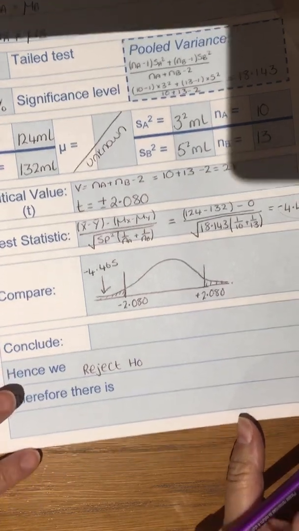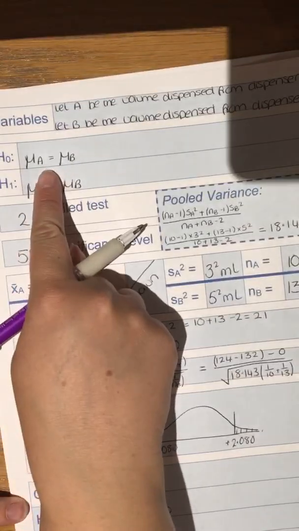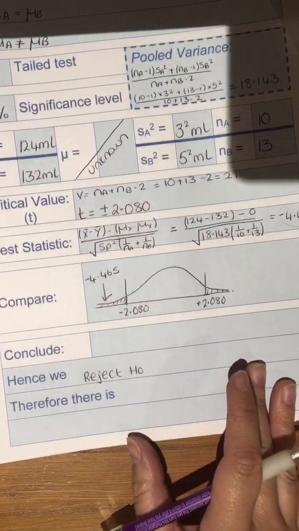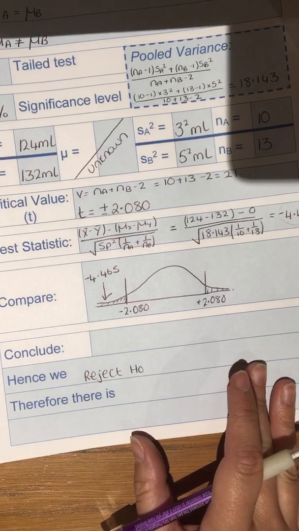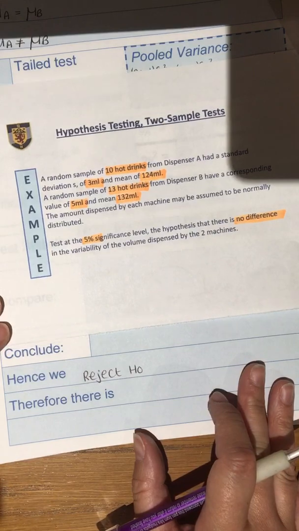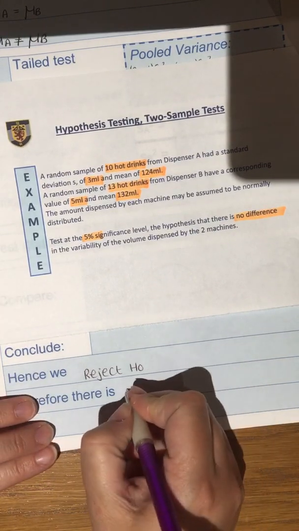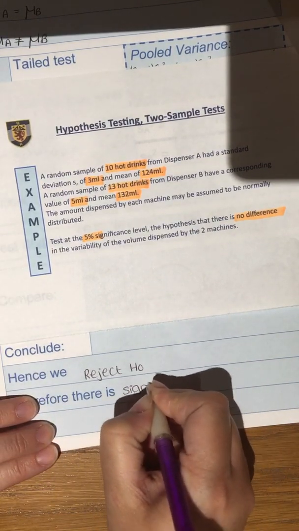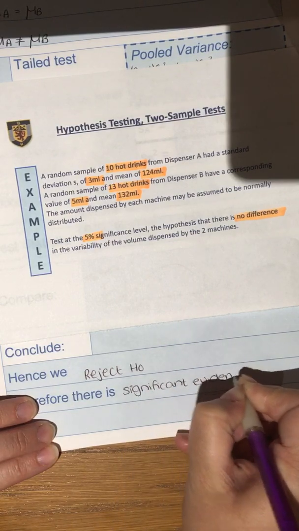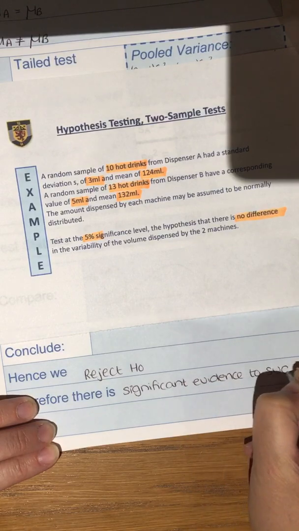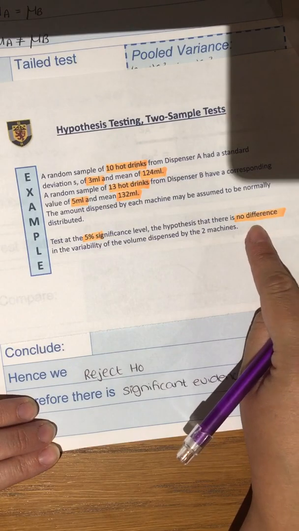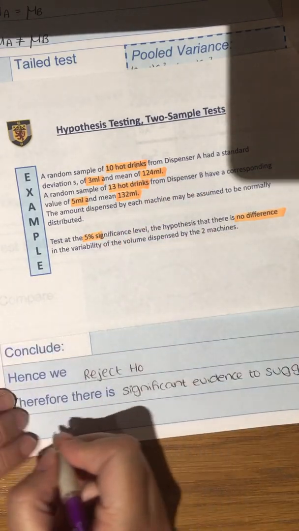H0. My H0 was that they are equal, they are equivalent, they are the same. So I'm saying that is not true, they are not the same, but I need to use as much terminology from the question. So therefore, there is significant evidence to suggest that there is a difference, because I'm saying that they are not equal.